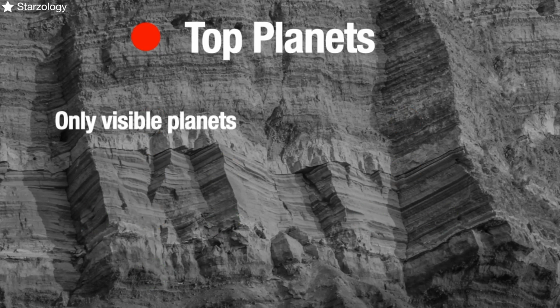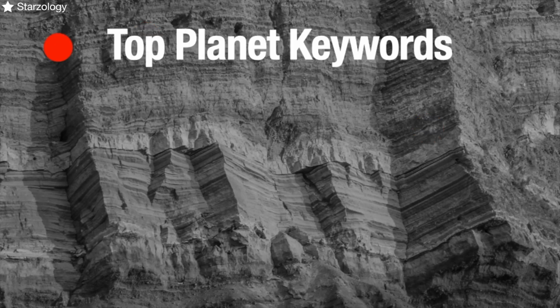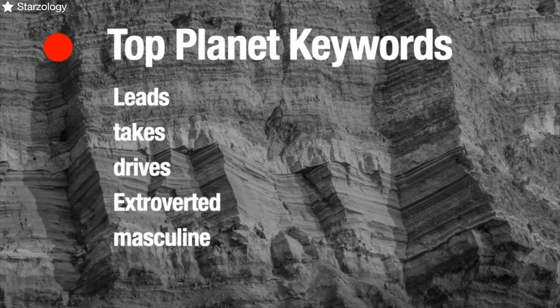When you have top planets, these can only be the visible planets. Some top planet keywords would be leads, takes, drives, extroverted, masculine, and positive. These are keywords that can be associated with whatever planets you have in the top positions.